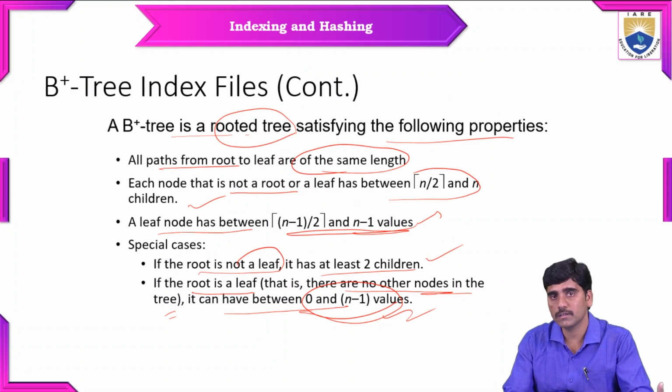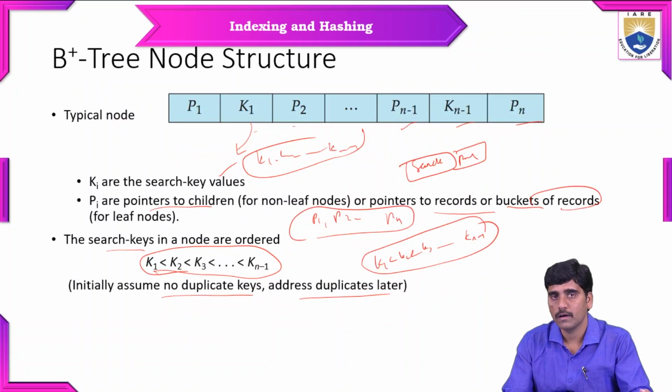A B plus tree is a rooted tree satisfying certain conditions: nodes have between n by 2 and n minus 1 values, with all leaves at the same length. Based on these rules we can say it is a B plus tree.